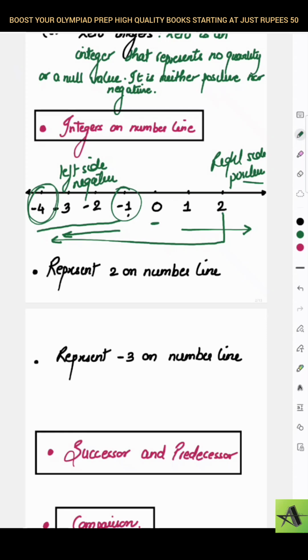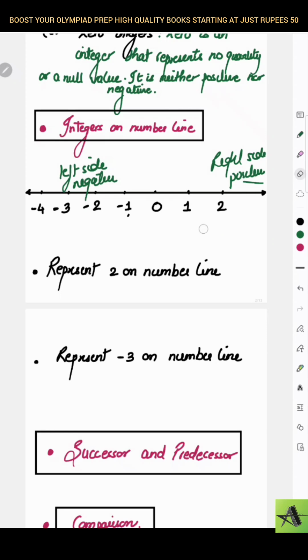The other way to understand which one is smaller is simple: see which one is on the left hand side. If I'm comparing -1 and -4, -4 is on the left side of -1. That makes it smaller than -1, hence -4 is smaller. So this is how you can understand the number line.